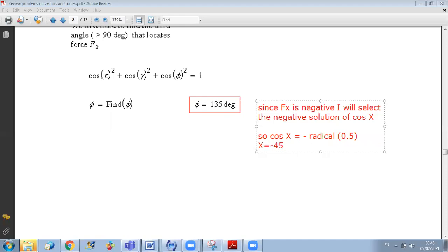But we know that we have here a certain relation, okay? My angle should be between 0 and 180, so it will be minus 45 or plus 135. Okay, plus 135.